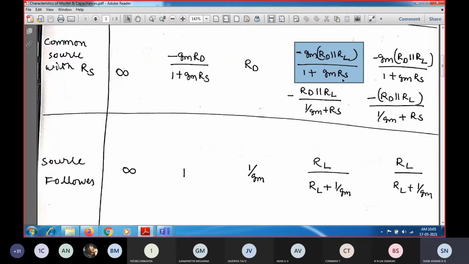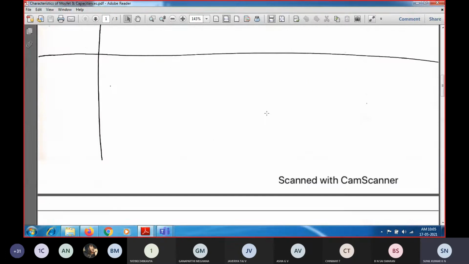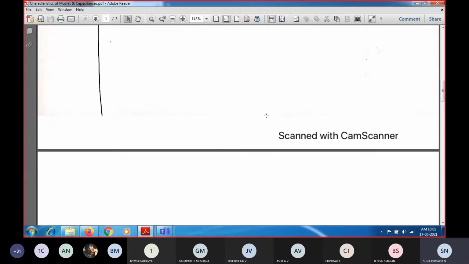Okay, so that is about the amplifier. When the input signal is of low frequency, or if it is of very high frequency, you can see some of the capacitive effects that are going to be observed, because of which the gain will not be a constant parameter. So the gain is going to vary with respect to the frequency of the input signal, or with respect to different frequency bands.